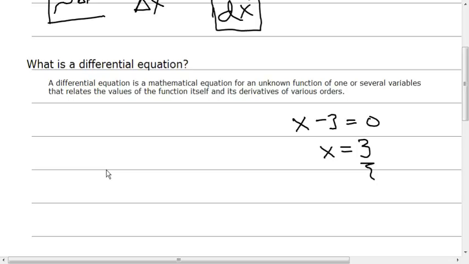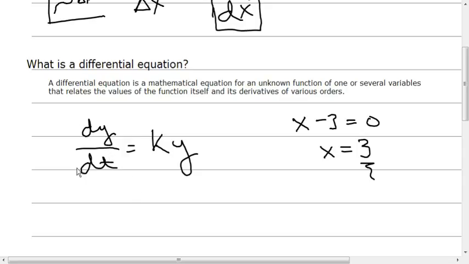Here's a very simple one that's used in the book: dy/dt is equal to ky. Okay, here is a function and its derivative. So this is a differential equation.